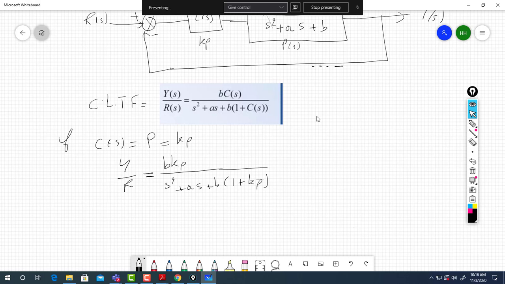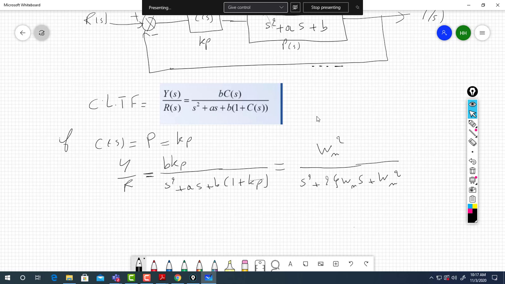If I want to compare it with a canonical second order system, which is omega n square over S2 plus 2 zeta omega n s plus omega n square, to see if I am able to do this comparison, this B plus B Kp.